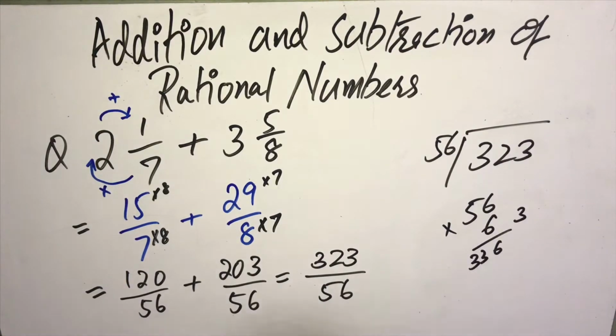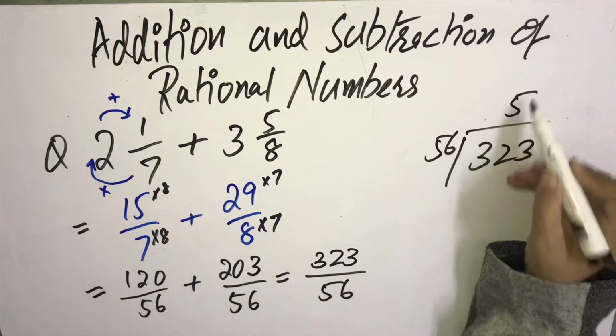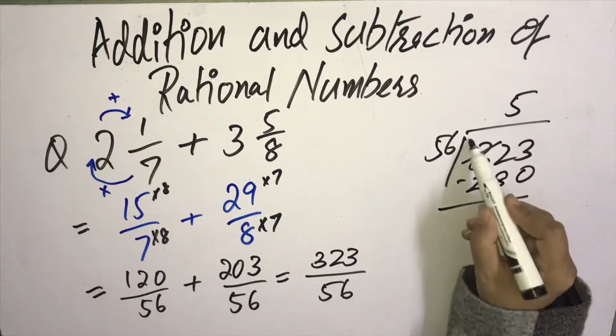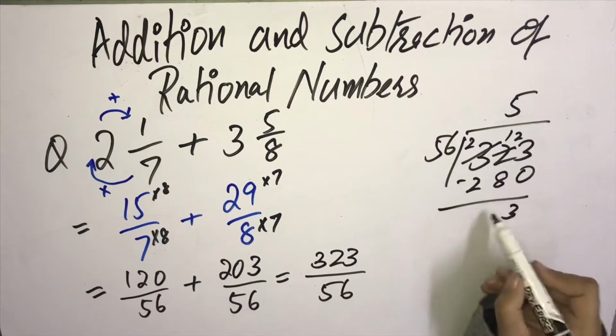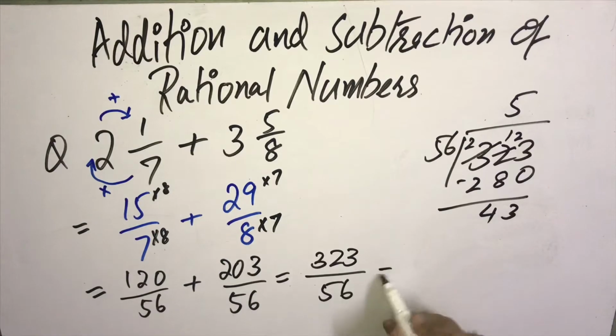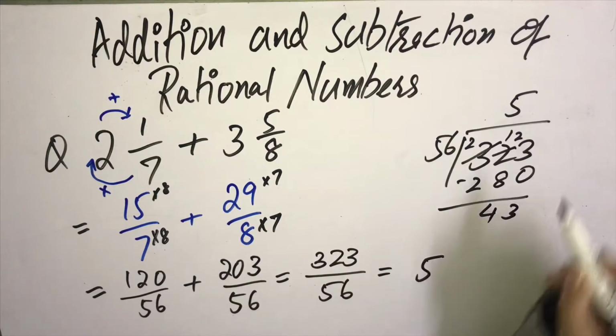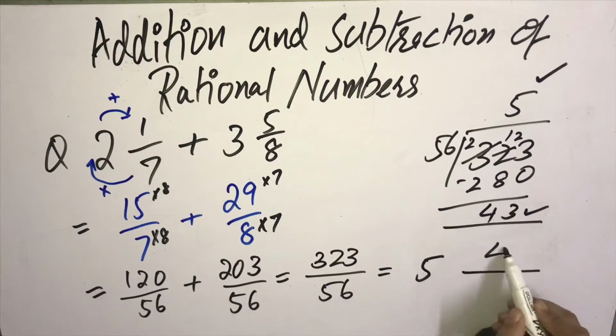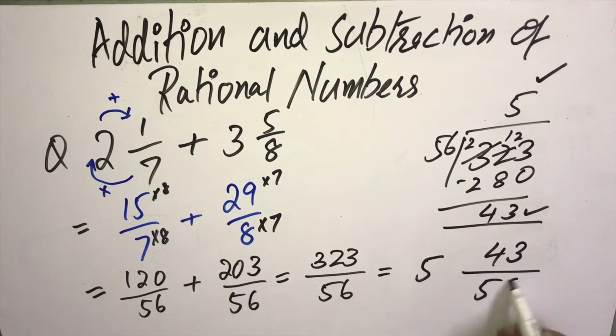It is bigger. So 56 5 times is 280. What is left? 43. So your final answer will be 5 whole. This is the whole, this remainder 43 is the numerator, and this is the denominator, 56.